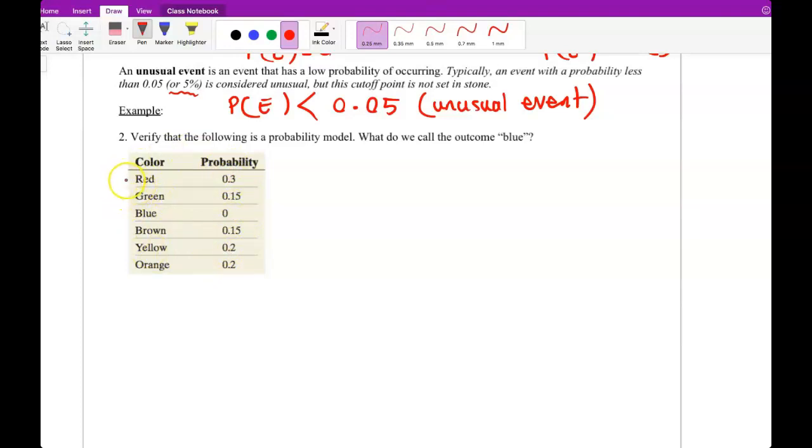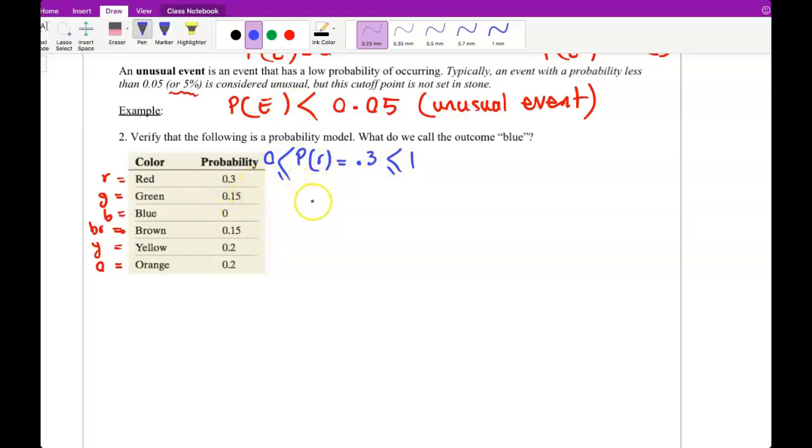Let's use R, G, B, then Br for brown because that one also starts with B, Y and O. You don't need to write like that, but since I want to explain that these are probabilities, the probability of red is equal to 0.3, and this is between 0 and 1. So we satisfy the first rule.